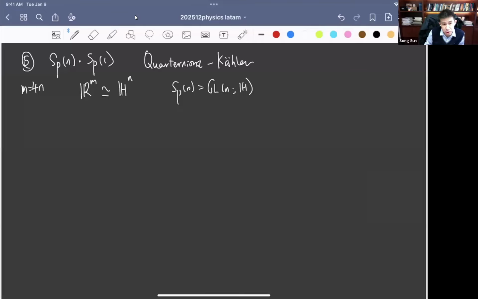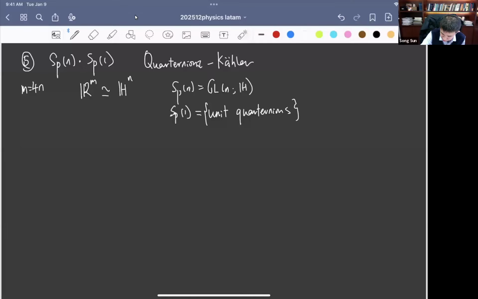But the quaternions are not commutative, so there is also a right action, and you take Sp(1), which is just the unit quaternions. It's a 1-by-1 matrix, so it's just one quaternion which preserves the norm, so it has to be unit.